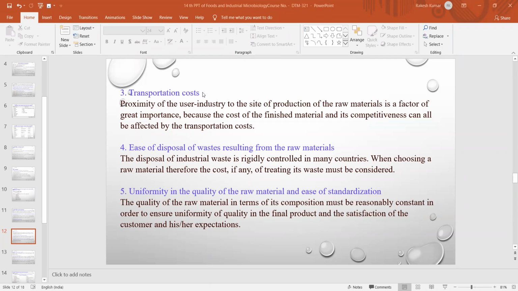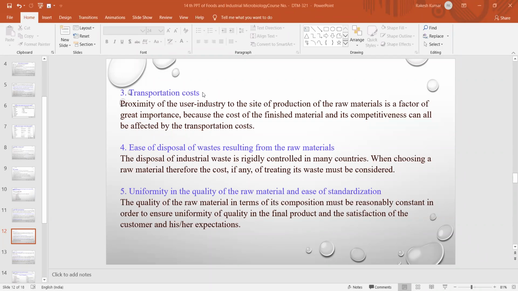Now the uniformity in the quality of raw material and ease of standardization is also very important. The quality of the raw material in terms of its composition must be reasonably constant in order to ensure uniformity, because you all are dairy professionals and you have an idea about uniformity. Every day when you are joining any industry, you have to maintain and produce a uniform quality product in your daily routine.